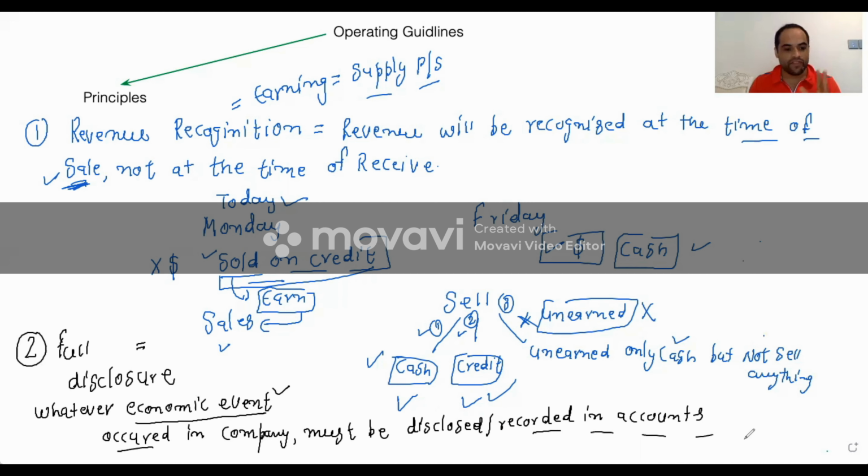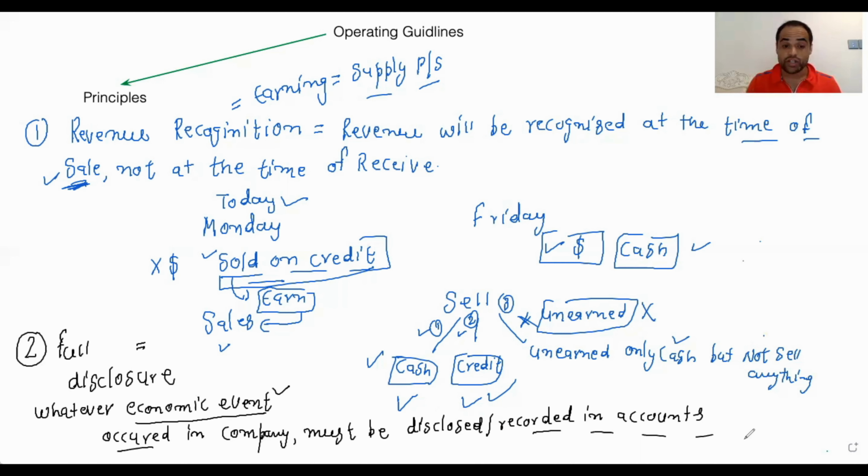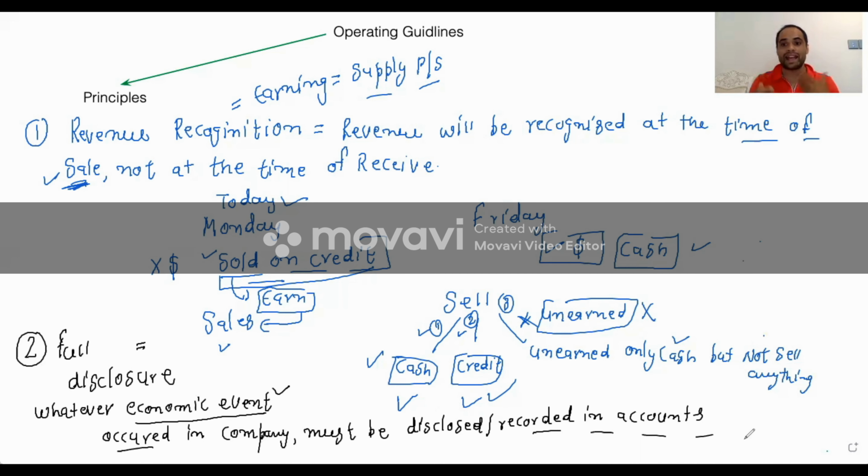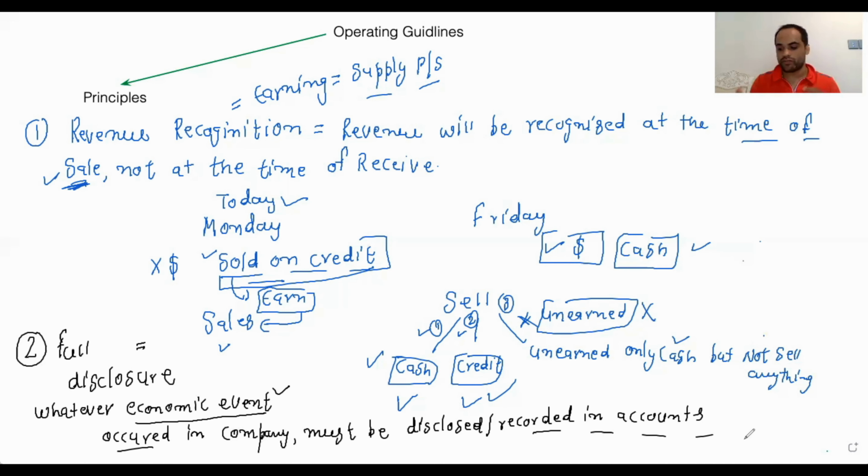So that's why it's very important to disclose all the important information which relate to the money. That all important information must be recorded in accounts so users can get the complete information about financial statement and make decisions accordingly. That's the meaning of full disclosure, full information, all kinds of economic event related information.